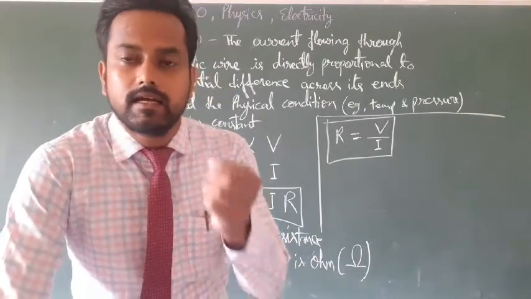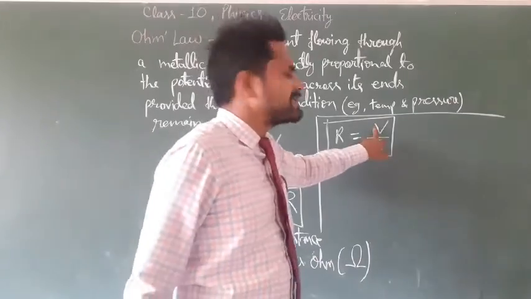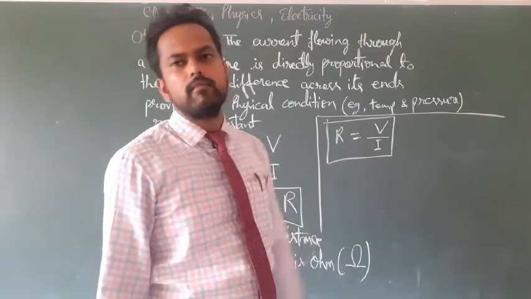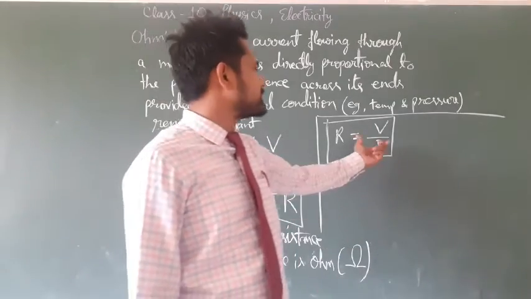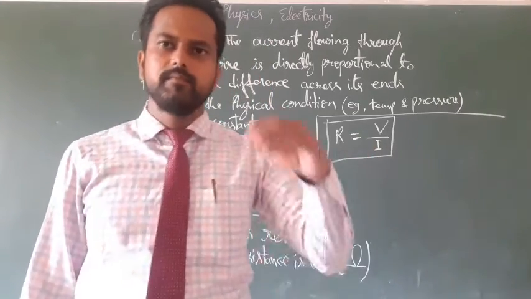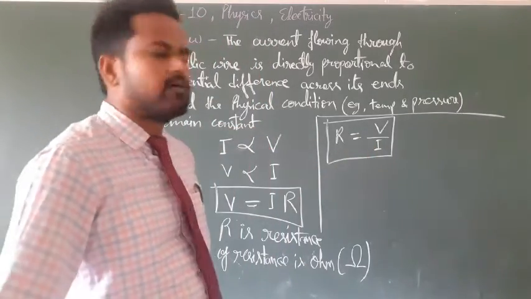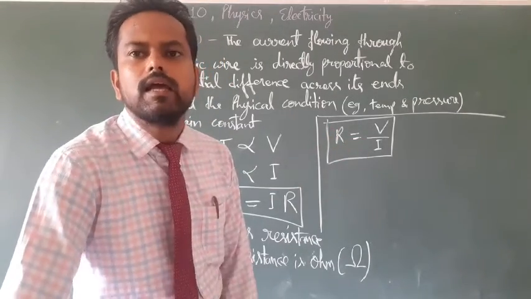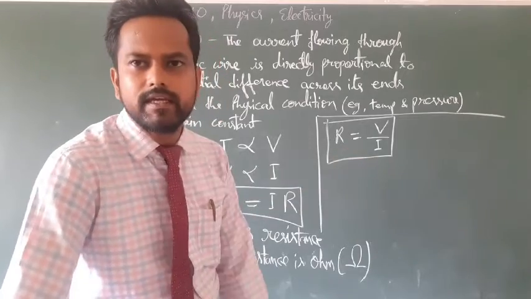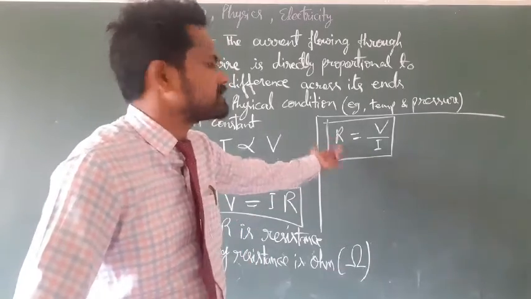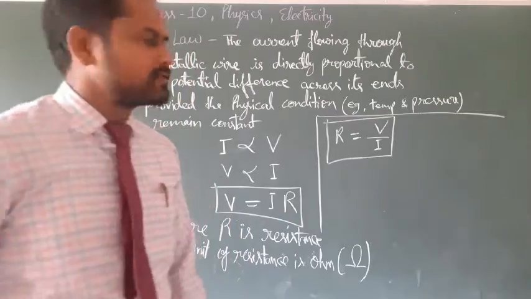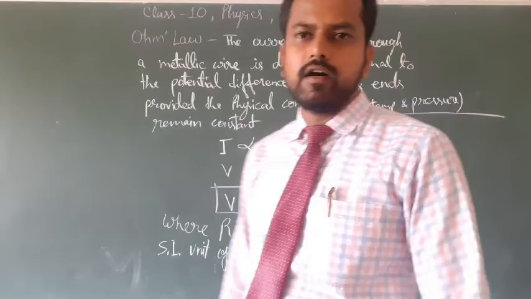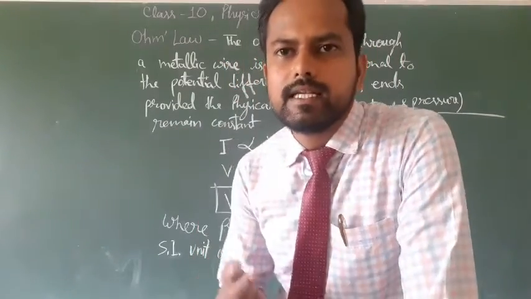Resistance is the ratio of potential difference to the electric current flowing through a metallic wire. That ratio is called resistance. Got it?